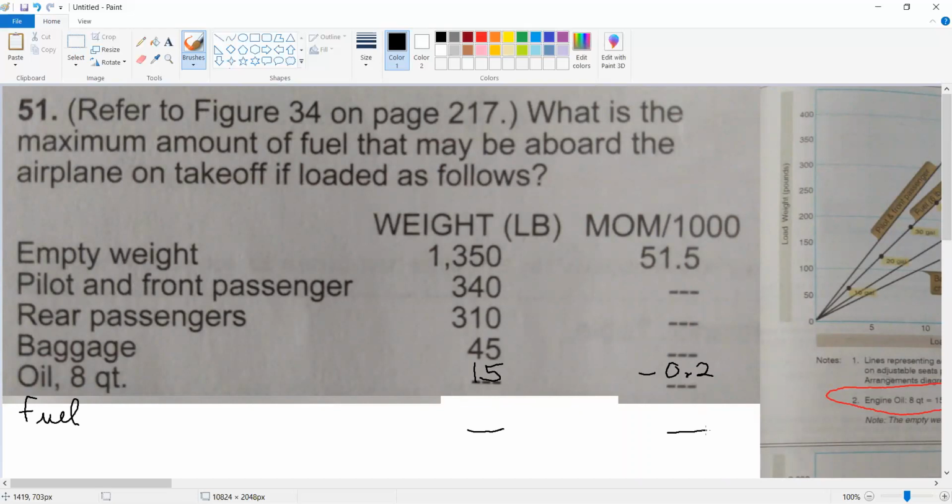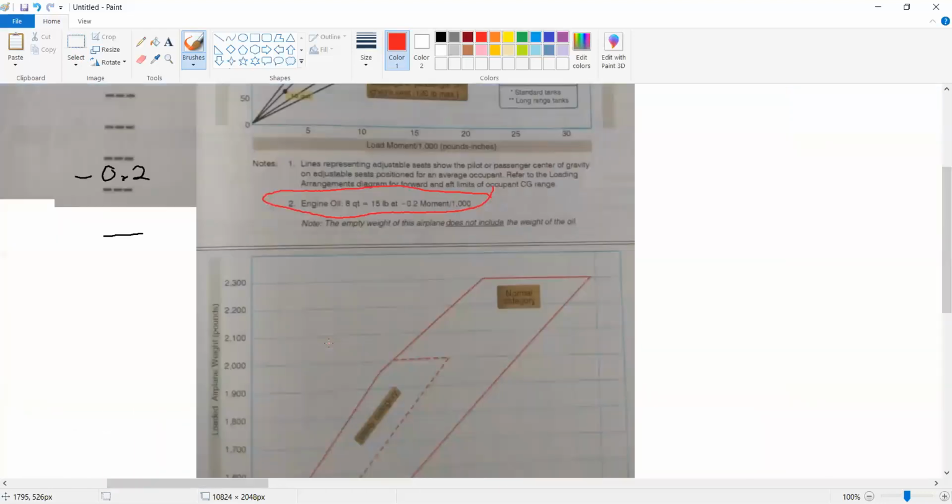All right, so let's continue on. In order to find out what the fuel is, we first need to tally up these numbers to tell us what our weight is, because looking at here, the weight limit is 2,300.